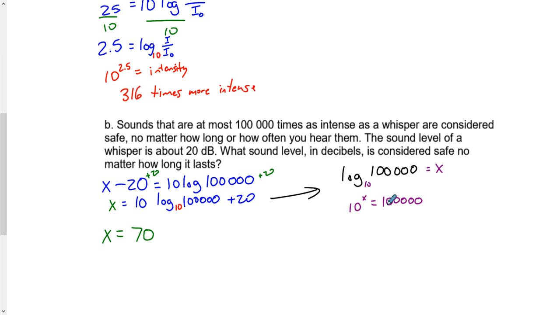Well, 100,000 is 10 to the power of 5. So I plug that back in here with x being 5. Not this x, this entire thing right here. 10 times 5 plus 20 still equals 70.